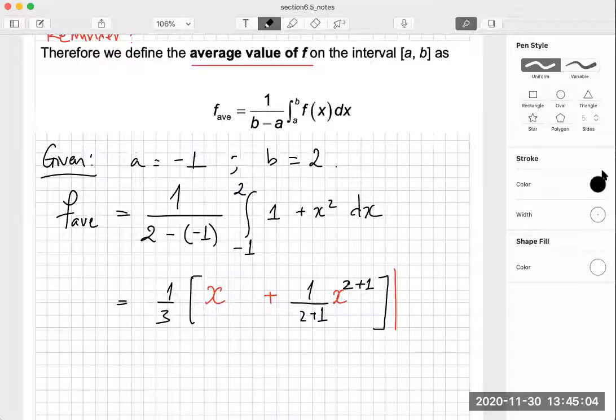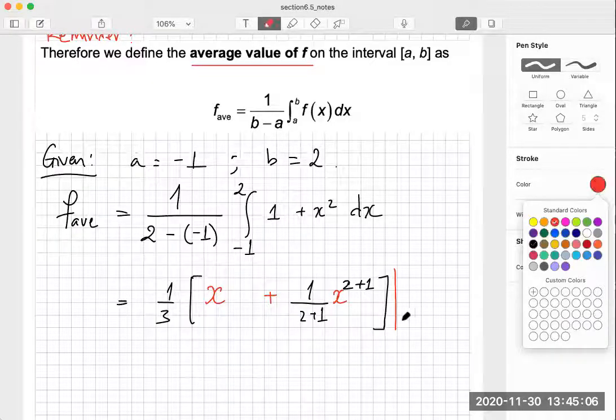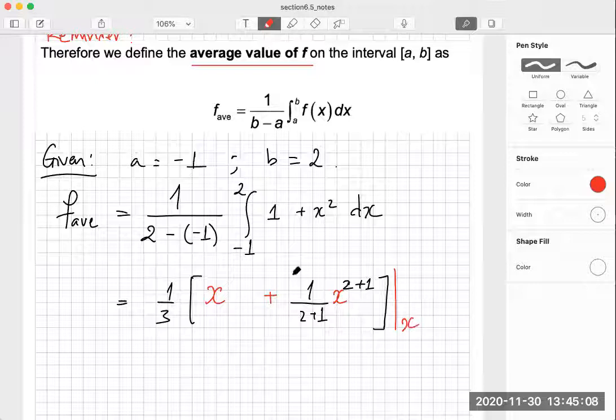That is how we compute the antiderivative of this. And x will run from the lower limit, which is -1, to the upper limit, which is 2.